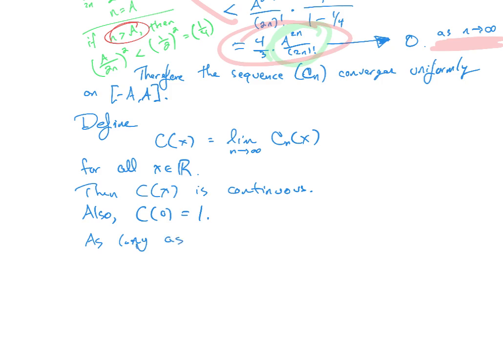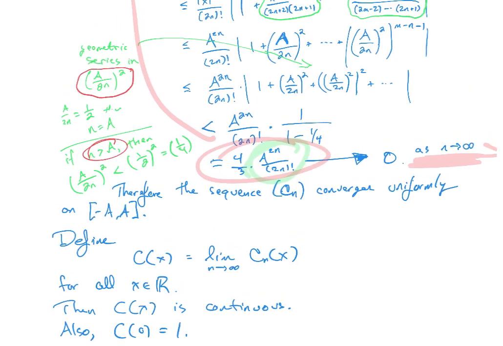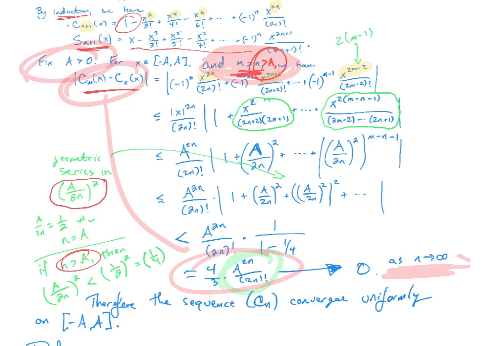For sine we could totally just repeat this argument. We could do all these inequalities all over again. But let's try not to do it twice. Let's try to use the relationship between sine and cosine to get it for free.